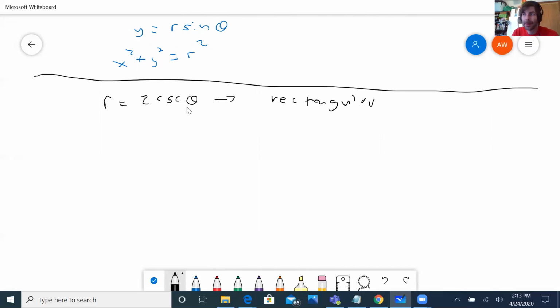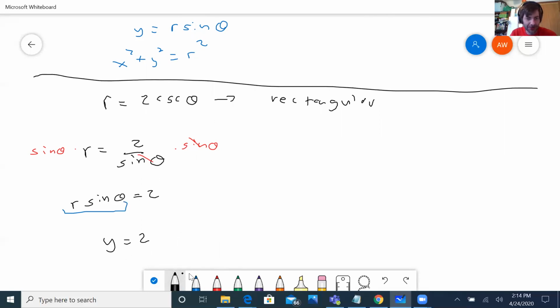All right, well, I guess what I'm going to notice here is cosecant is 1 over sine. Then if you multiply both sides by sine, that r sine theta, well, that is just y. So y equals 2. And I'm done.